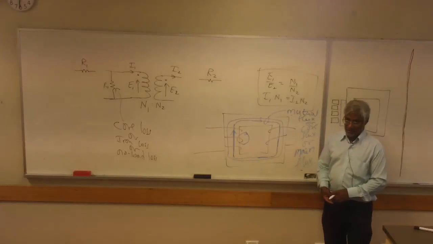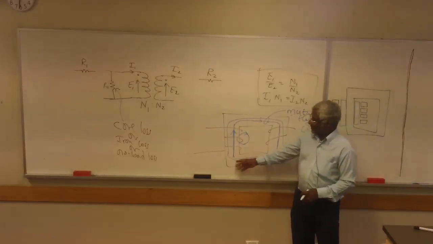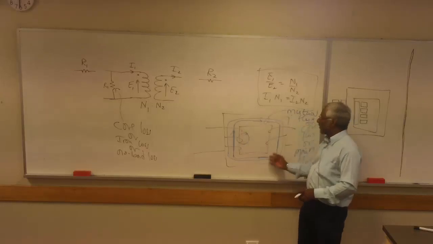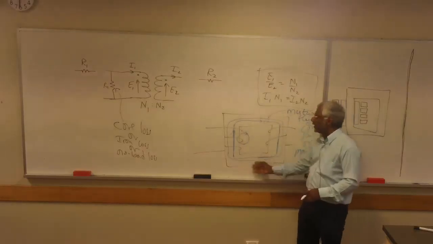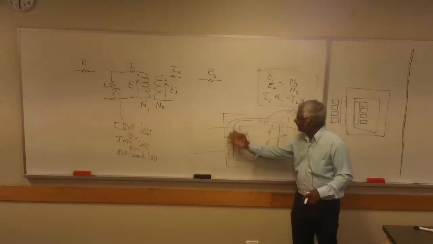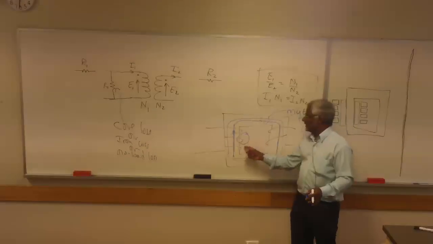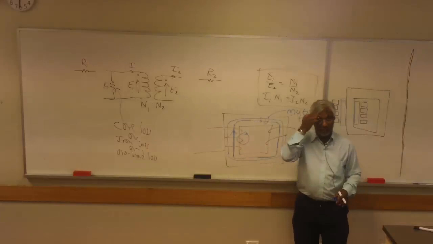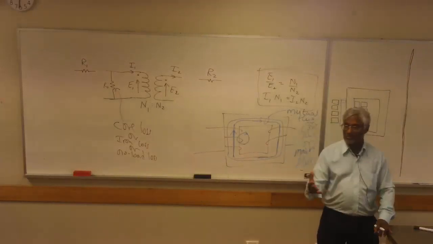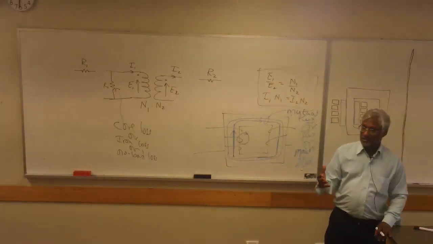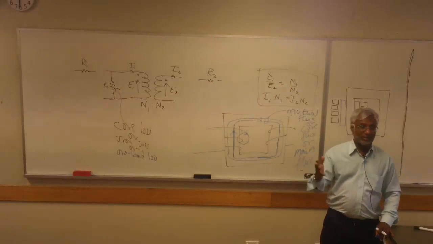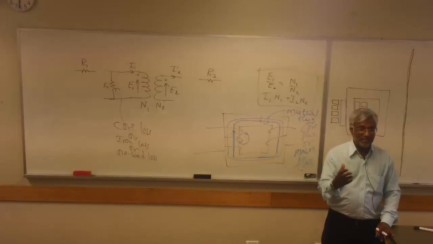And why is that? Why is it that more than 95% typically of your flux would be in the core and only about 5% or so would leak out? What's the fundamental reason? Permeability, that's right. That's the key word, permeability.